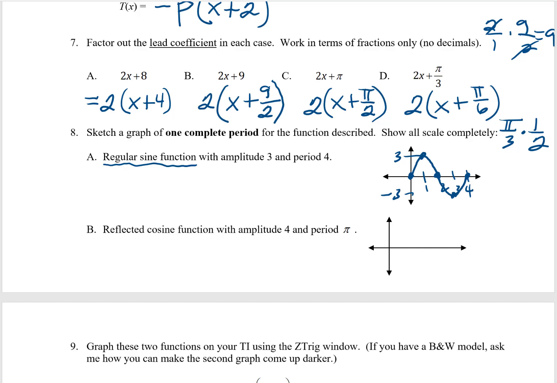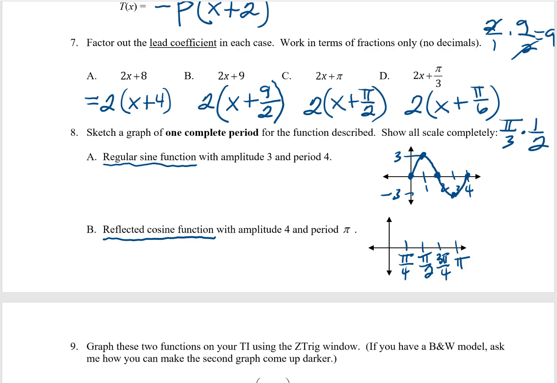And then the second one, I want the reflected cosine function. That's the ghost. The period is pi, so when I mark out my 4 tick marks, pi will be out here. That means, of course, this middle spot would be half as much, pi over 2. And the first spot would be half of that. Half of pi over 2 would be pi over 4. I'm counting by pi over 4s. 1 pi over 4, 2 pi over 4. This one would be 3 pi over 4.